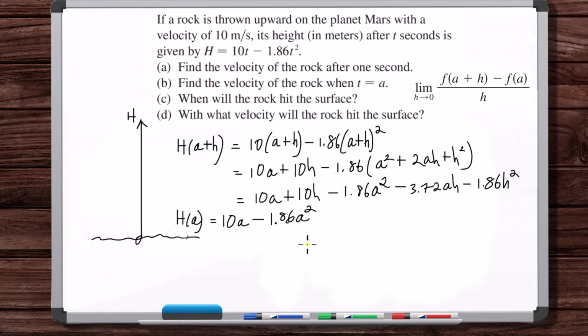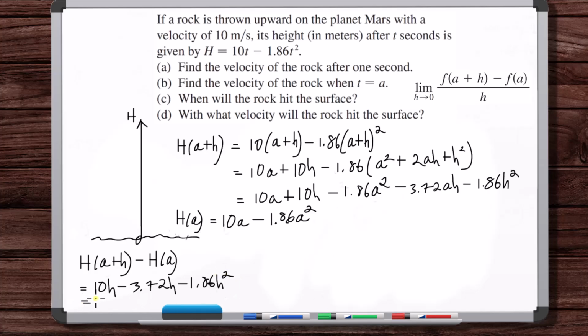1.86a squared. So h of a plus h minus h of a is, the 10a subtracts out, and you're left with 10h; the minus 1.86a squared subtracts out, so minus 3.72ah minus 1.86h squared.